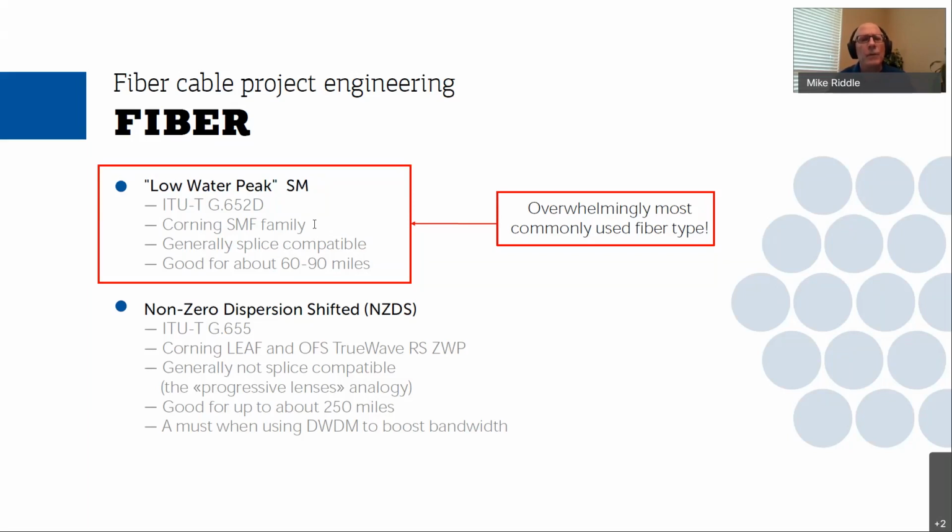An important takeaway is that while each company will have its reasons why it thinks its fiber is better than all the rest, the fact is that in the field, they're all generally splice compatible with one another. So for example, you can splice Corning SMF28 fiber with OFS AllWave fiber, no problem in the field. And you can easily go about 60 to 90 miles.